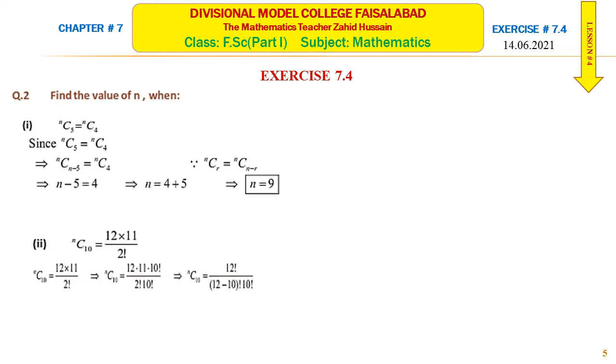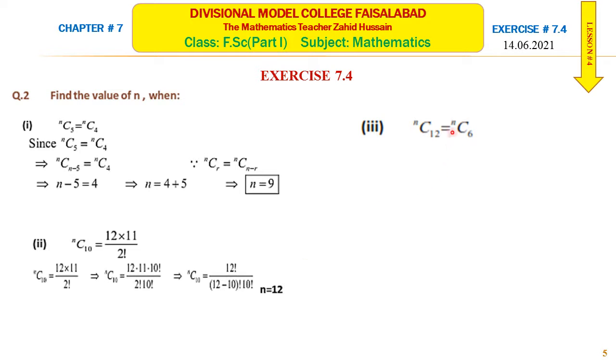So this is equal to nC10 with 12 factorial as the larger number. In the denominator, 2 can be written as 12 minus 10 factorial, and 10 factorial. So here n is equal to 12, because its expansion is n factorial over (n minus 10) factorial into 10 factorial. So n is equal to 12.